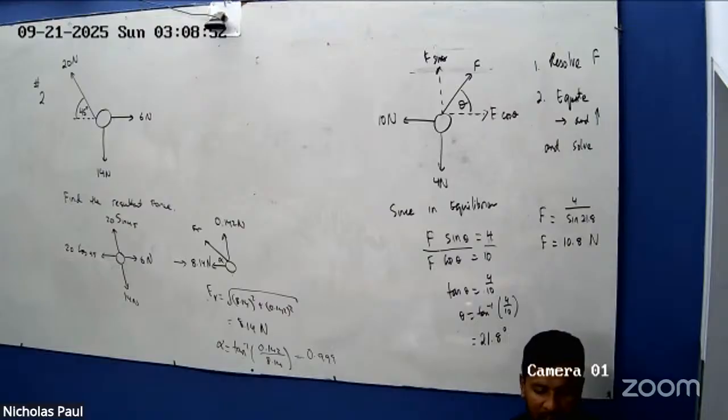A 25 kilogram box is on a smooth incline of 20 degrees.